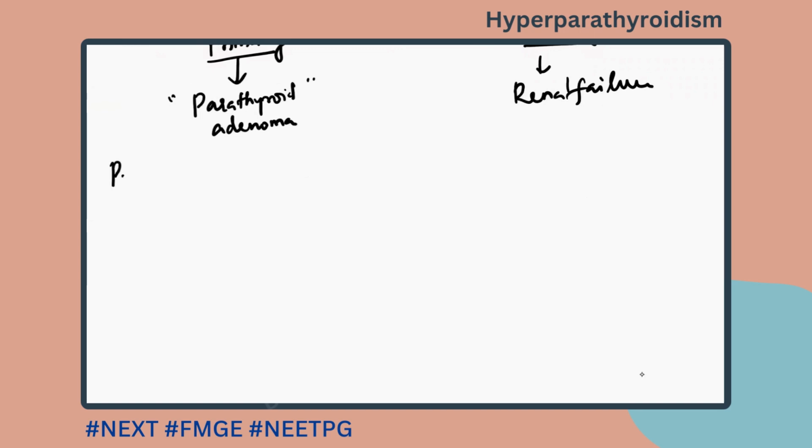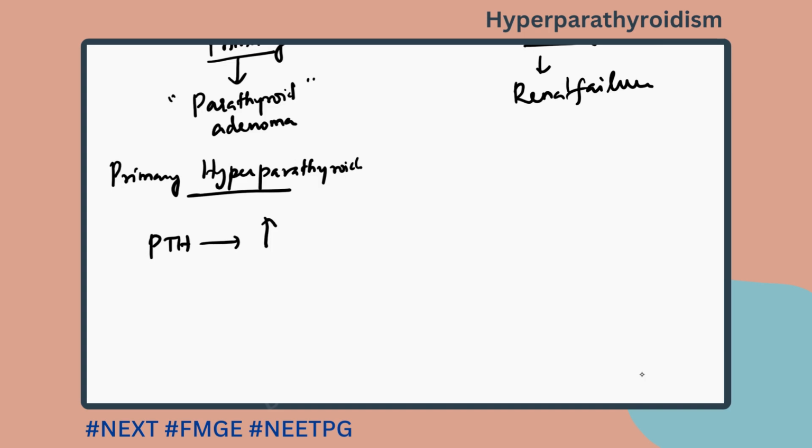So in primary hyperparathyroidism, what is the material which is secreting more? Parathormone is secreting more. When parathormone is increased, what is its action? It increases calcium release from the bone.